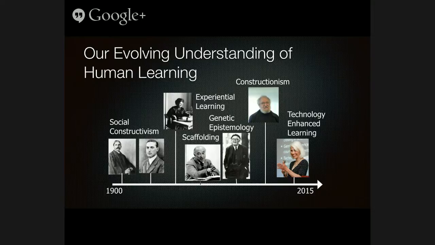And so we go all the way from the social constructivist John Dewey, Lev Vygotsky, who's my personal hero, era, up through experiential learning and Bruner and scaffolding and Papert and constructivism, and all the way over into Marsha Lin, who was on my committee and was the pioneer of technology-enhanced learning through the 90s into today, faculty here at the Graduate School of Education.